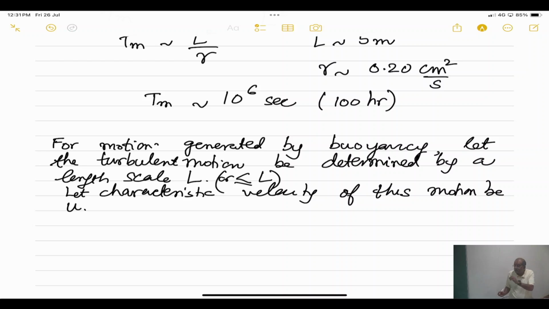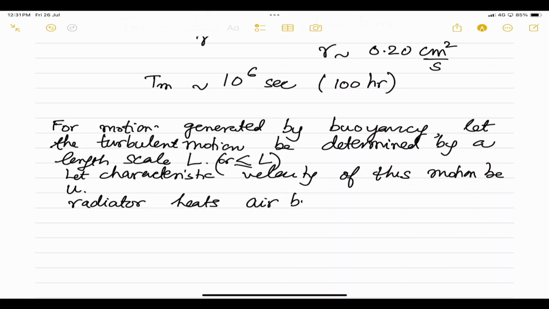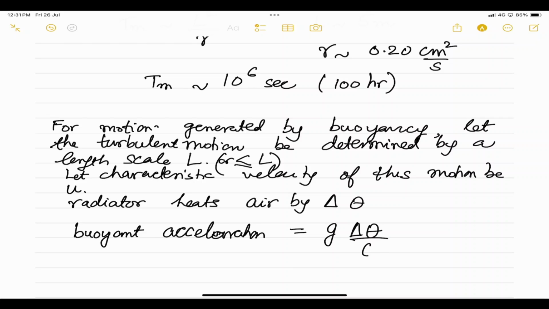Now physically, the way the problem was specified, this velocity has not been discussed, and this is where delta theta comes up. If the radiator which is generating the heat heats air by delta theta, then the buoyant acceleration is equal to g delta theta by theta.